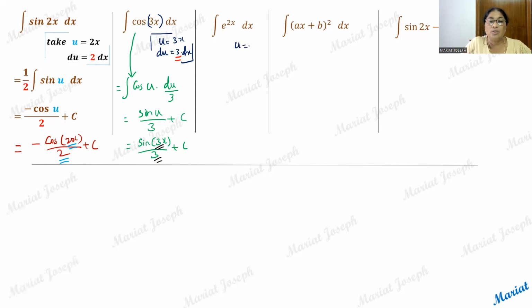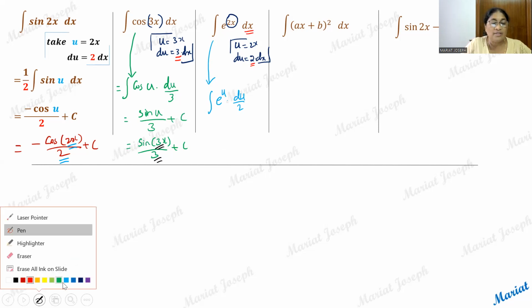Take u equal to 2x, the power. So du equal to 2 into dx. This is the substitution. So the integration is now changing as integral e raised to the power u into du by 2. Why du by 2? It is because of this 2 over here, du by 2, dx only we need to replace.